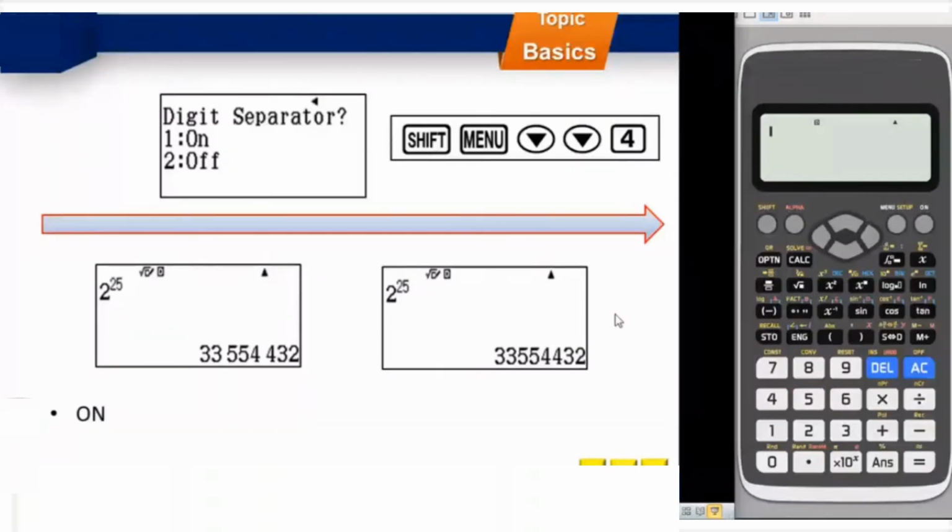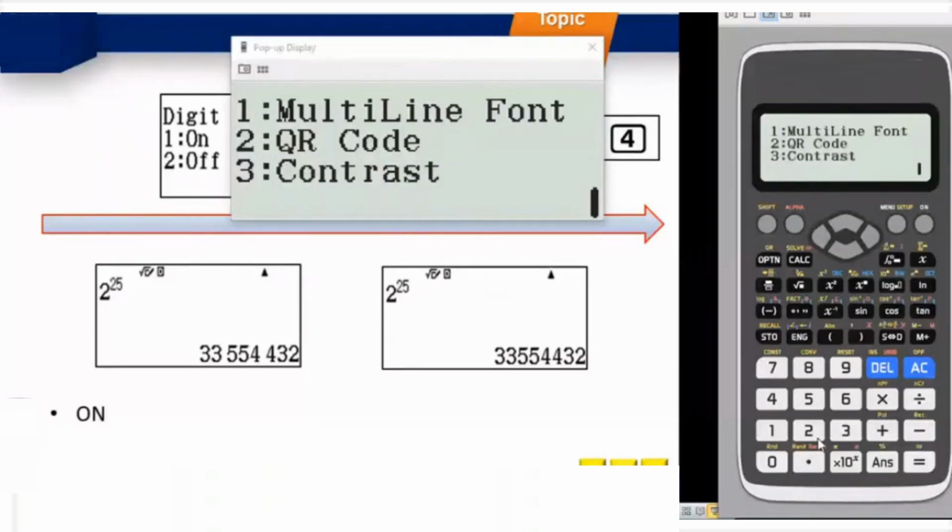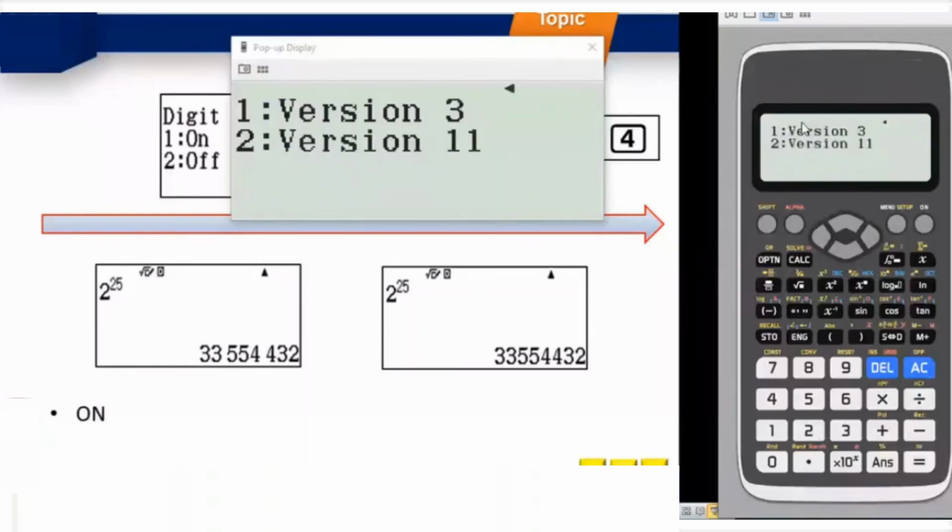So let's move on. The next feature is the QR code. We have been using the QR codes. There are 2 versions of QR code, basically version 3 and version 11. There are certain features that are only applicable in version 3 and some features that are applicable in version 11.